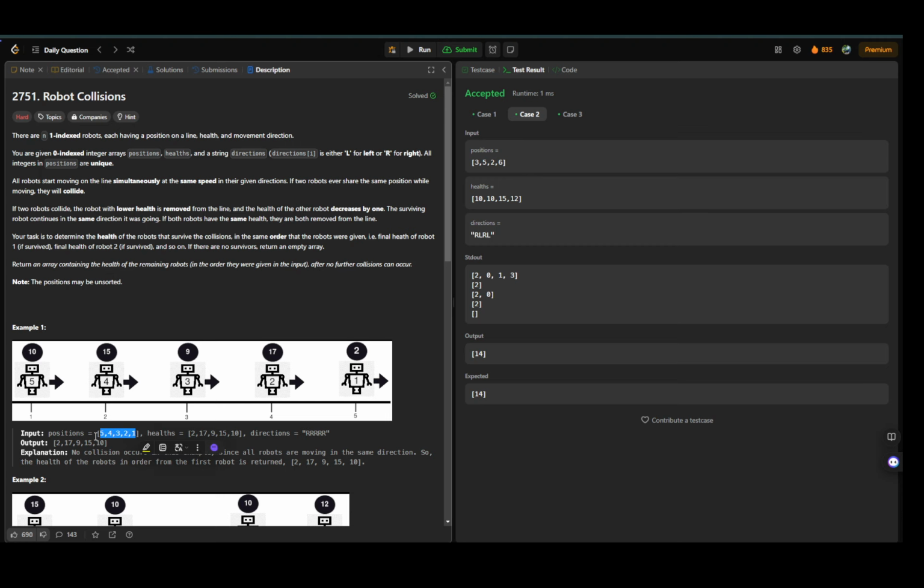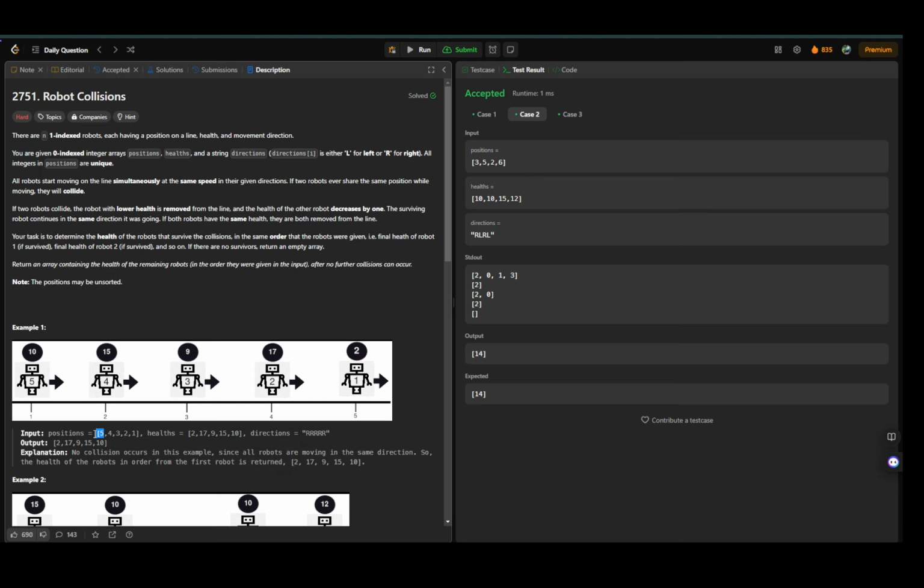For example, the first robot was placed at 5. You can check there, this is the first robot. Like that it will be assigned, and the health indicates, with respect to position, that the respective robots have their health. For example, the fifth robot has the health of 2, the second robot has the health of 17, and the third robot has the health of 15.